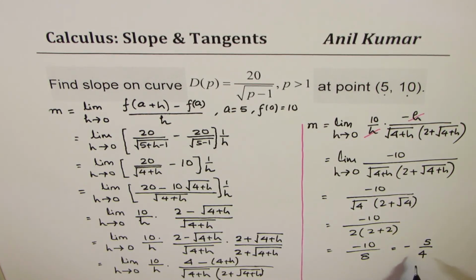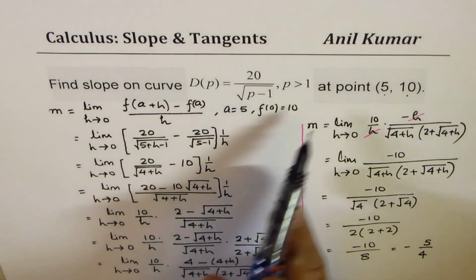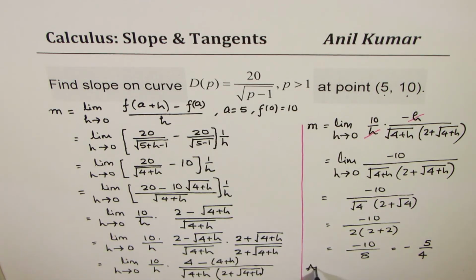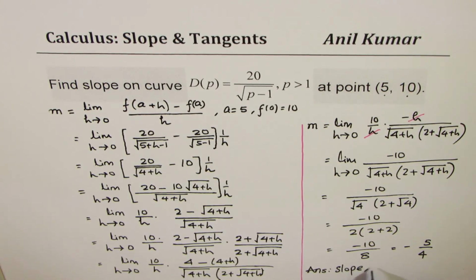So minus 5 over 4 is the slope on this curve at the given point. So we can write down our answer: slope m equals minus 5 over 4, or minus 1.25.